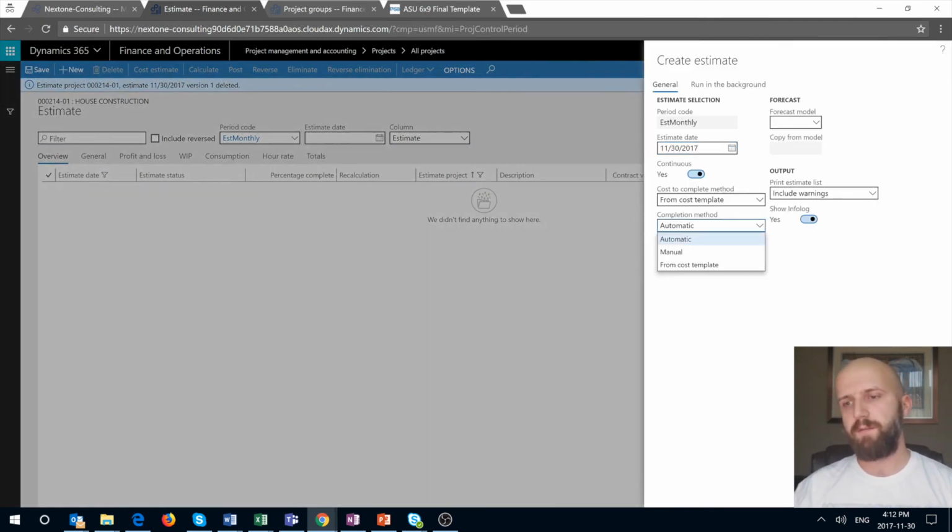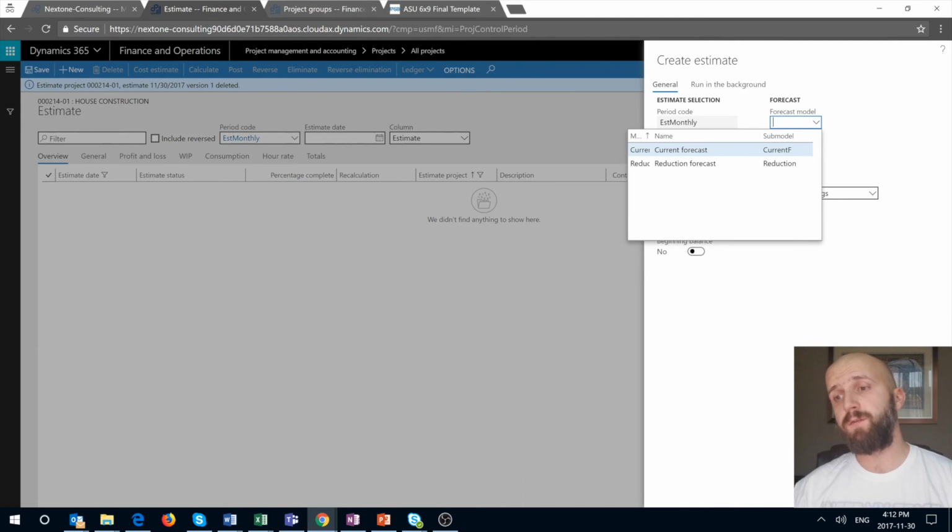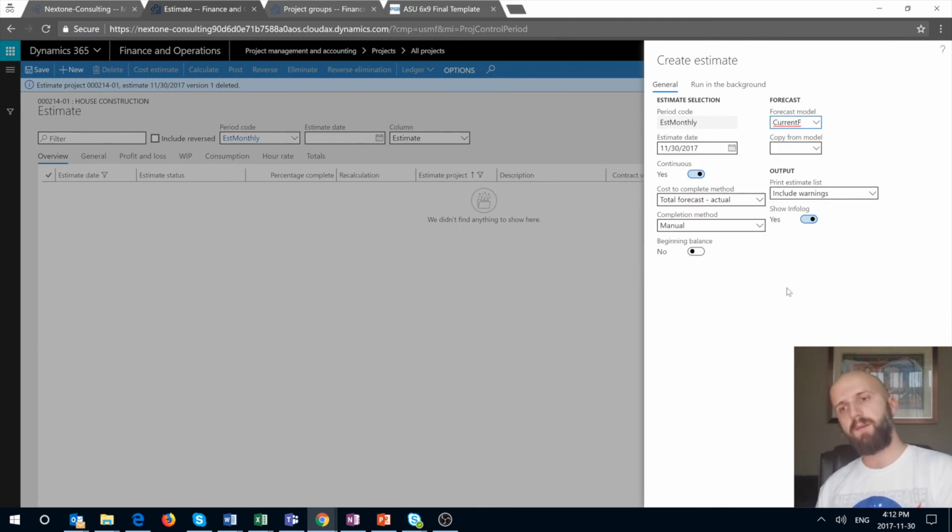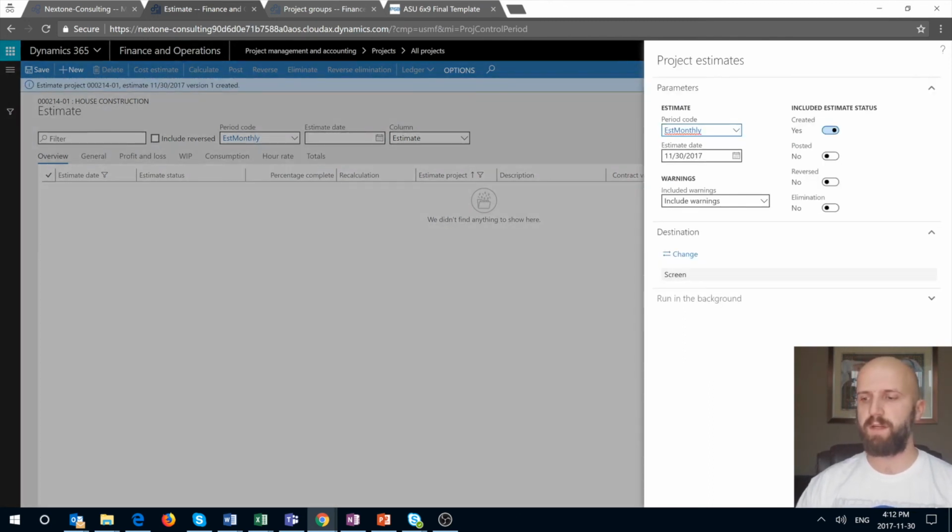What I will do now, I can delete that estimate and I can calculate another estimate for the same period, but now instead of using any principle, I will use the manual calculation principle. So I'm still going to use the total forecast to actual, but I'm going to say, let me calculate that percentage completed, which is an alternative to using a system to calculate and suggest us percentage completed. We can take control over and say, we will tell you what percentage we feel is completed.